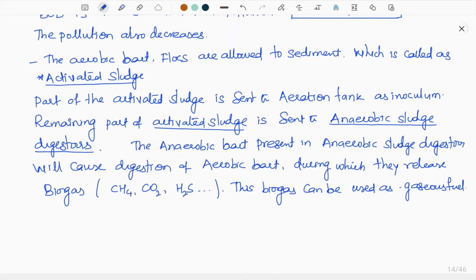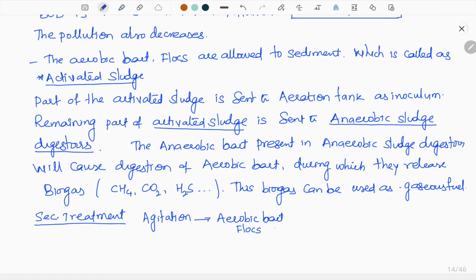So I repeat once again, see here, first we make use of the aerobic, thereafter we make use of the anaerobic. I am repeating only the secondary treatment, because primary treatment is just physical treatment. In secondary treatment, first we take the agitation. By agitation, what happens? Aerobic bacteria increase. Aerobic bacteria and fungal mycelium will increase. They are called flocs, flocks.